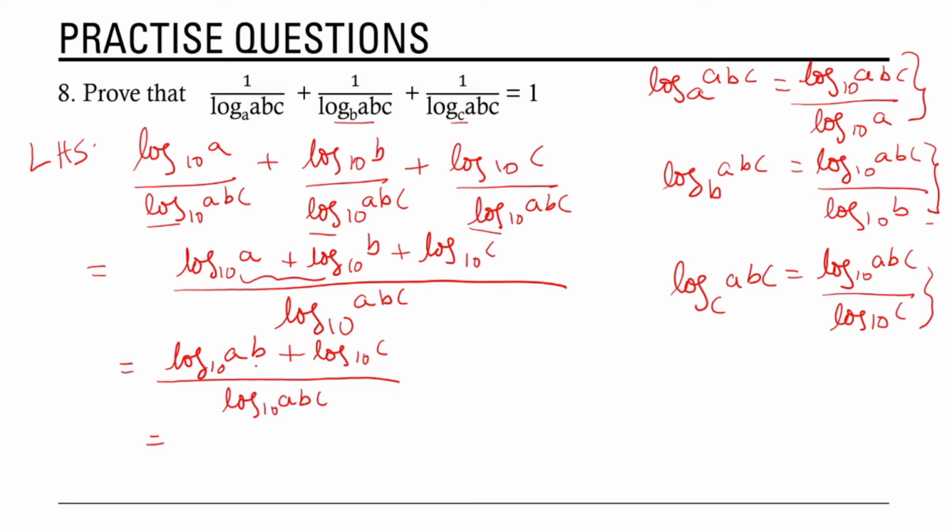Again I am extending here, in place of A I have AB and in place of B I have C. So, log A plus log B is log AB. So, here it is log ABC to the base 10 divided by log ABC to the base 10. These both terms cancel out and I get the answer as 1. I hope this is clear.